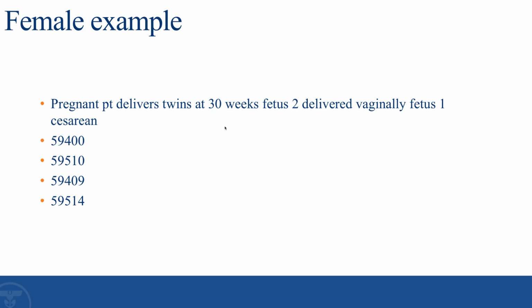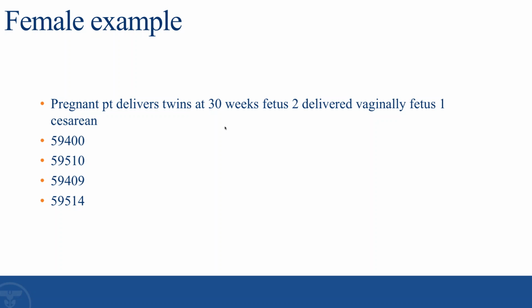Let me just tell you something real quick before you put your answer in the chat box. Remember, the cesarean is considered more extensive than a vaginal delivery, right? And so before you answer this question, also think about your sequencing. Baby number 2 is delivered vaginally.